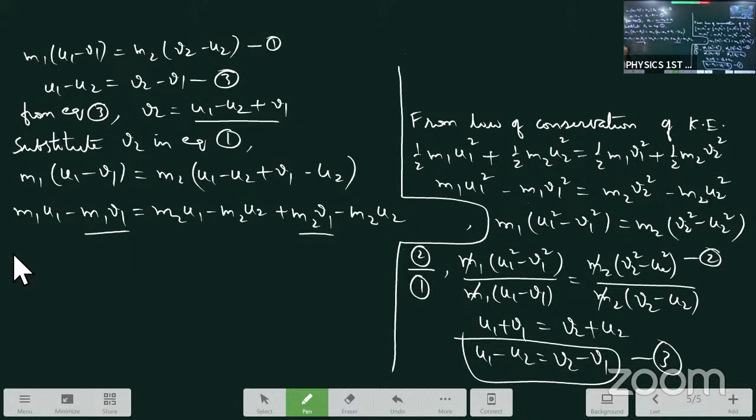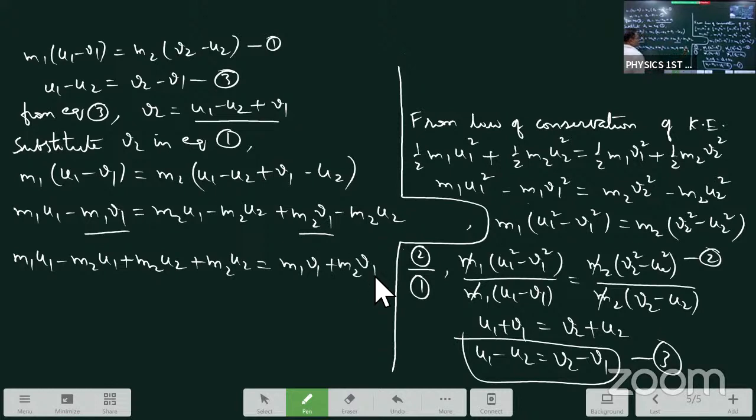So that is M1 U1, M2 U1, and M2 U2. When M2 U2 comes here it becomes minus M2 U2, when it comes here plus M2 U2, and here it is plus M2 U2, is equal to M1 V1 plus M2 V1 when it goes there.